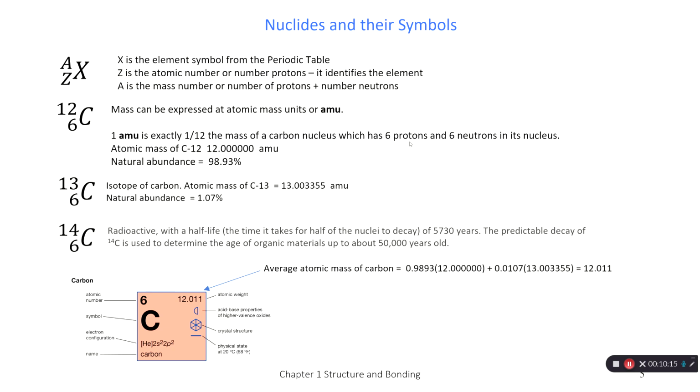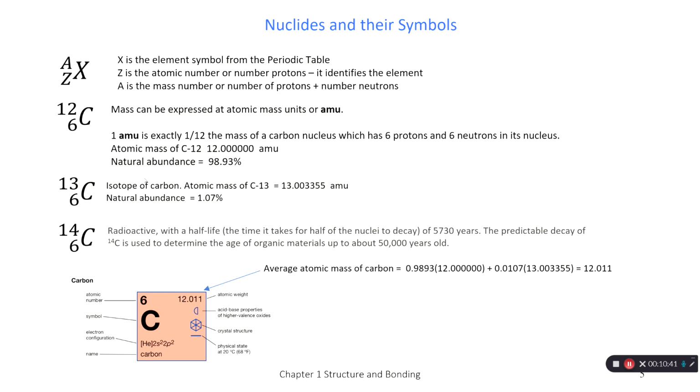And that has 6 protons and 6 neutrons in its nucleus. So this is the standard by which other AMUs are measured for the different elements. So the atomic mass of carbon-12 is exactly 12.000000 AMUs, and you can see all the zeros here. We know this one very precisely because that's the standard element for AMUs.